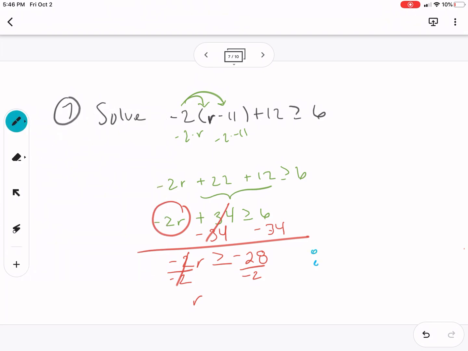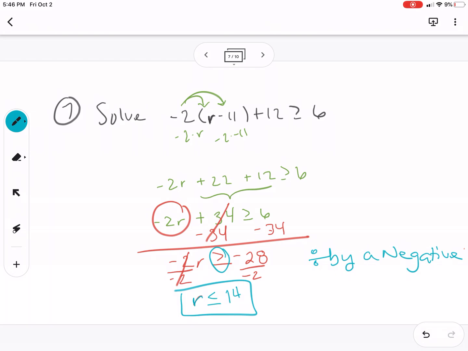Anytime you divide or multiply by a negative number, your symbol is going to flip. So since I divided by a negative 2, my symbol is going to change to less than or equal to. And then negative 28 divided by negative 2 is 14. So our final answer became a less than or equal to, because we divided by a negative. Always check that step.